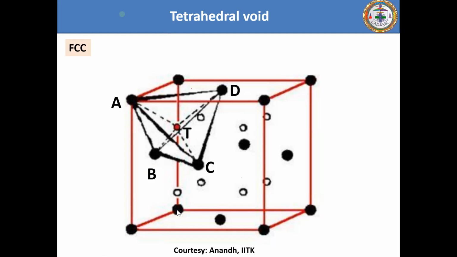This position has the 0, 0, 0 position. So can you check the positions of the tetrahedral void? This is a bit tricky, I know, but let's try. A brain teaser will keep you alive in the class, otherwise you'll sleep.